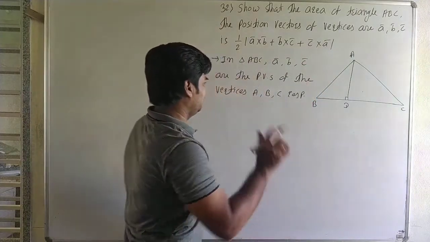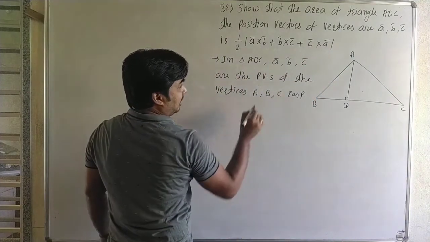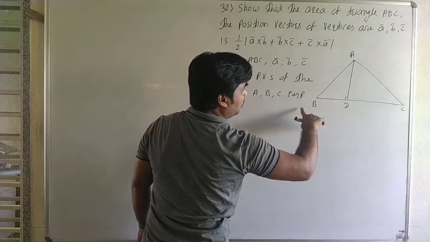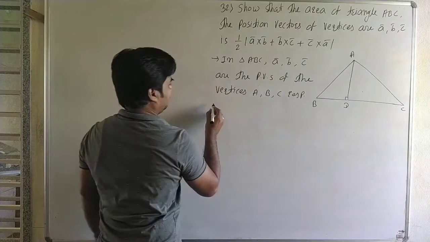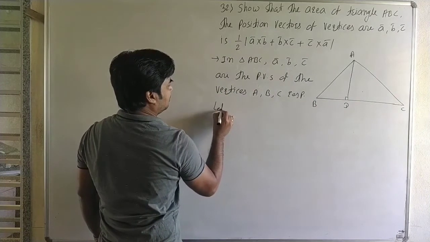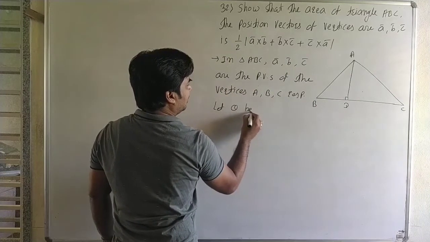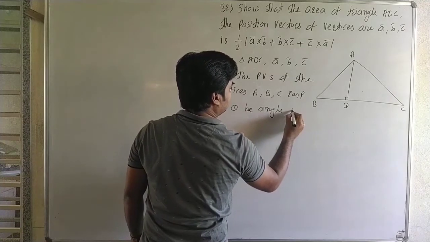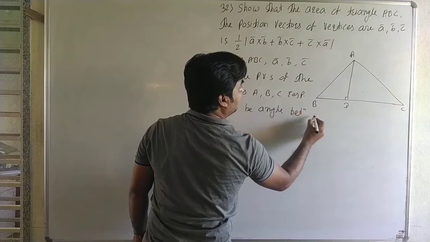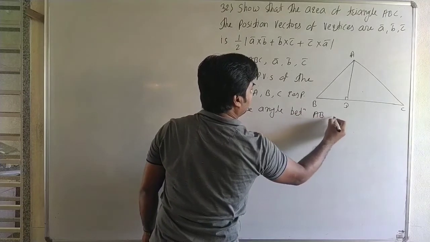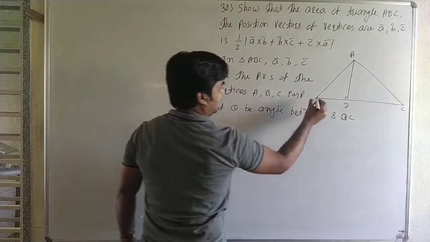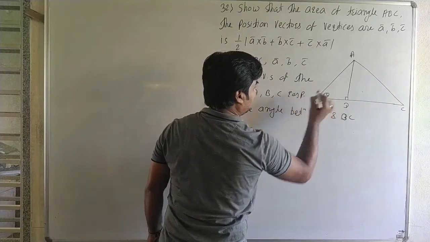Here we see, we find the area of the triangle. Area of triangle is base into height, that is 1/2 BC into AD. Here let theta be the angle between AB and BC. This is theta.